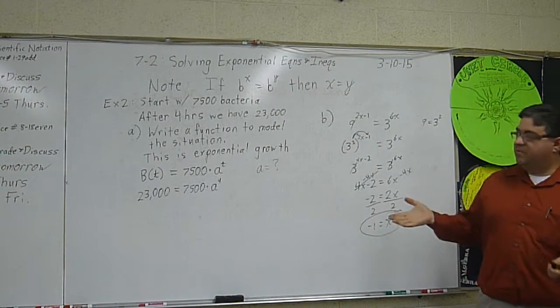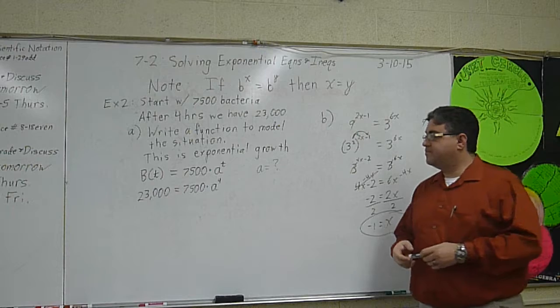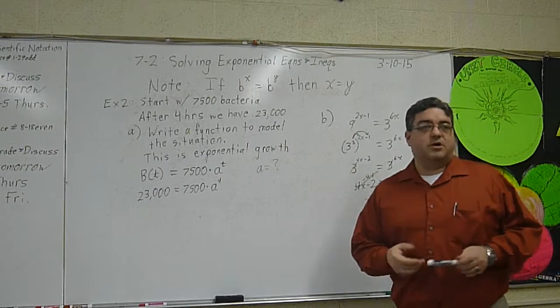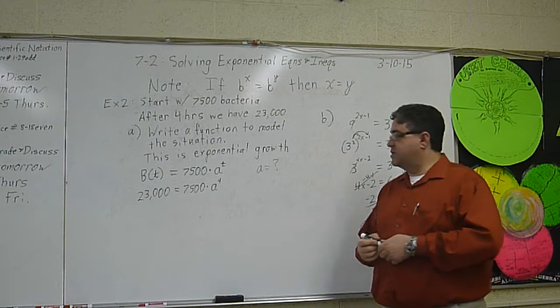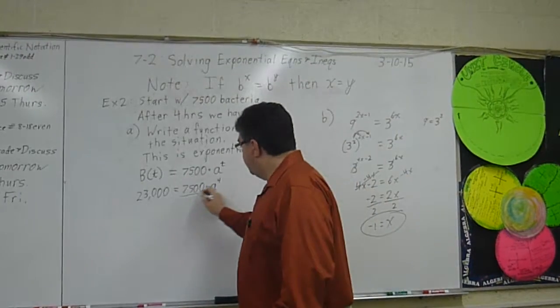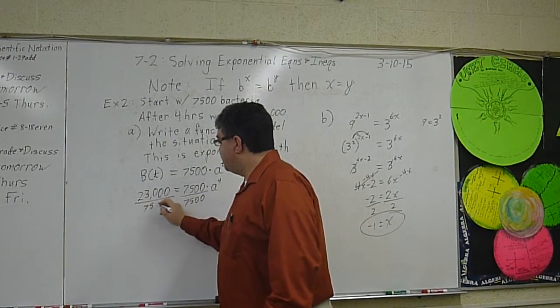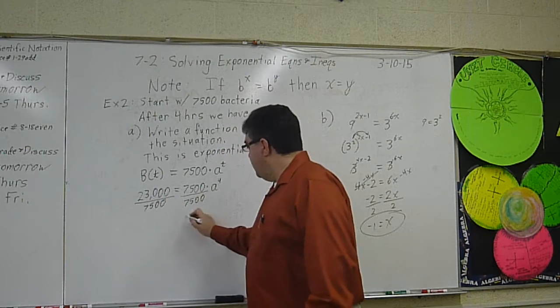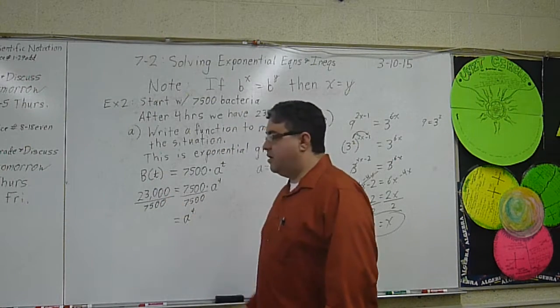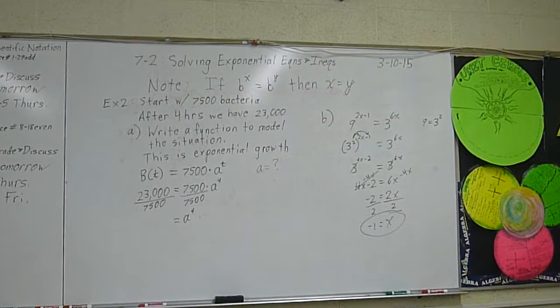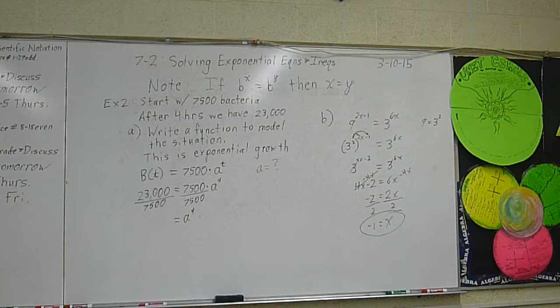I plug in my number of bacteria and my time, and then I solve for A by dividing by 7,500 on both sides. That gets me A to the 4th.